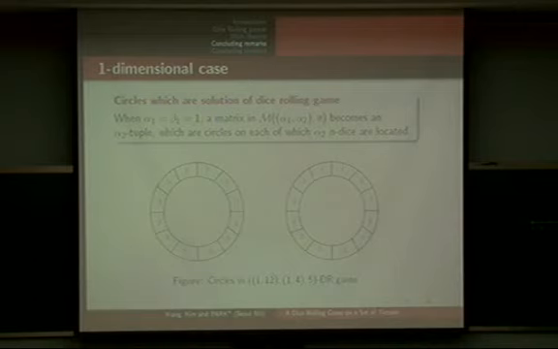That is, if alpha 1 equals beta 1 equals 1, a matrix in this becomes an alpha 2 tuple, which are circles on each of which alpha 2 n dice are located. For example, this is a circle with 12 dice, and the left one is a circle resulting from rolling those 4 dice. So the numbers on those 4 dice are increased by 1.